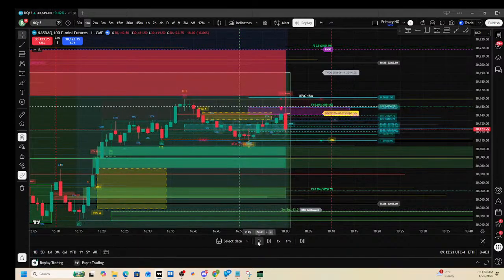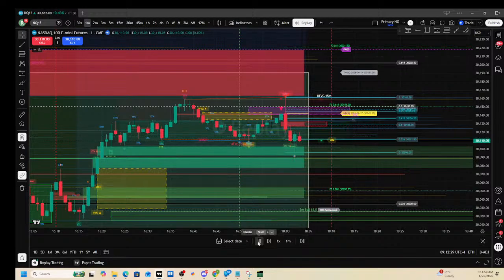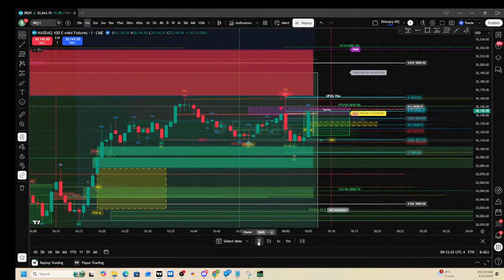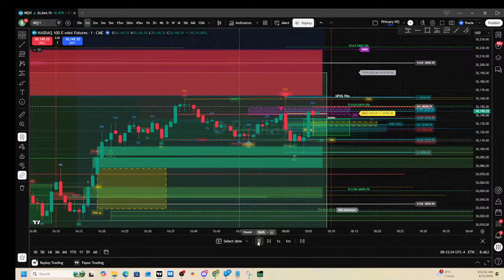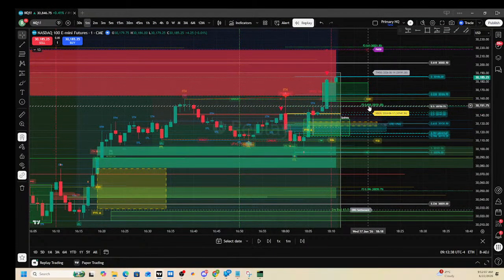That in itself is a sign that we're going down. We had no gap. Yeah. Oh, it comes back up, which is dangerous. And it goes right past the 618 into the breakaway gap. So that would have been a loss for me. That would have been a loss for me.